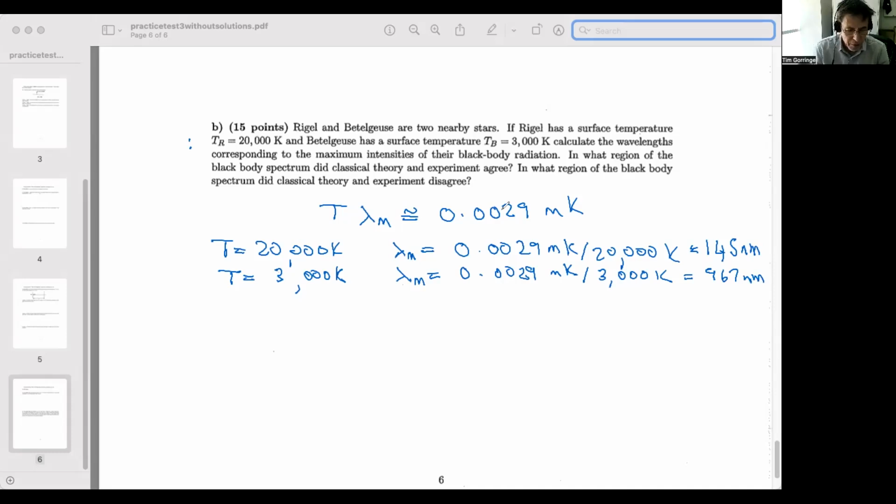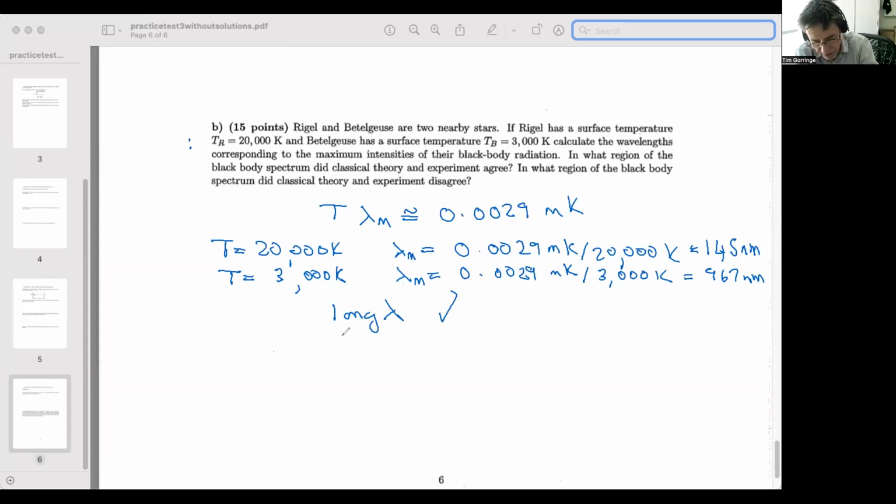The classical theory was based on mechanics, on heat, on electricity and magnetism, all wrapped up in a nice bundle to predict the blackbody radiation spectrum, and it worked well for long wavelengths. It worked poorly for short wavelengths. So the classical theory was good when the wavelengths of the blackbody radiation were long. So long lambda, that's good.